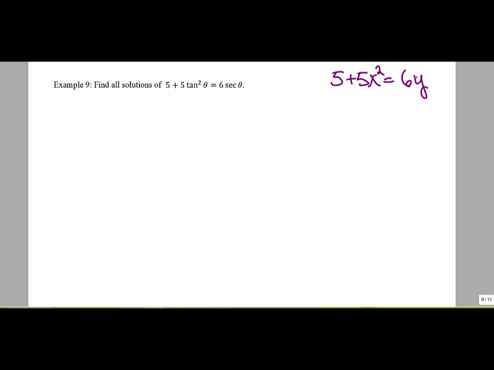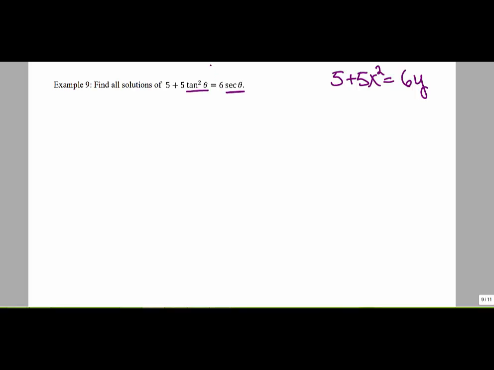One thing that we could try first is to bring everything over to one side and see if anything will factor. Well, nothing is going to be able to factor out of all 3 of those terms, so that method won't work. The next thing we want to try, if factoring doesn't work, is to try using an identity to get everything to be in the same variable. So what is a relationship between, let's say, tangent and secant?